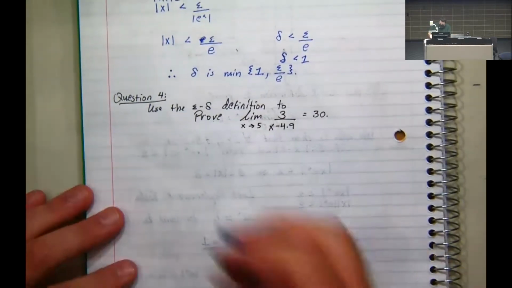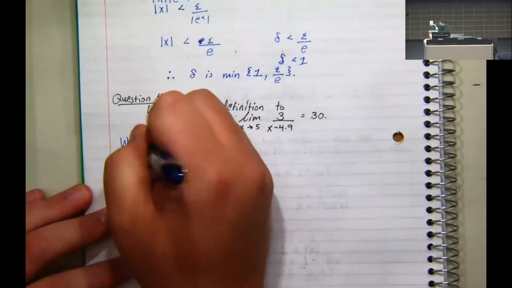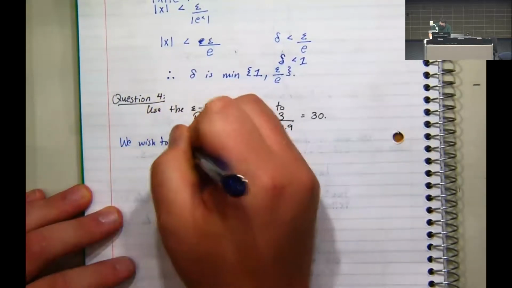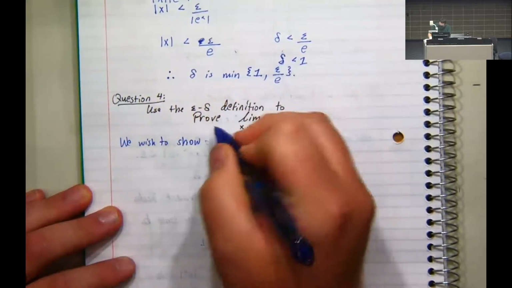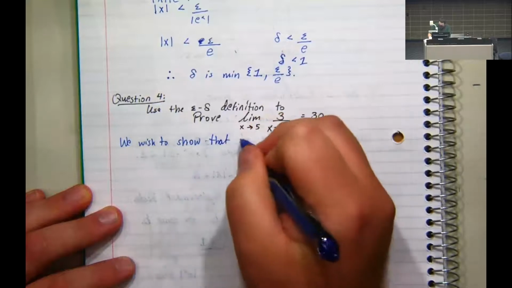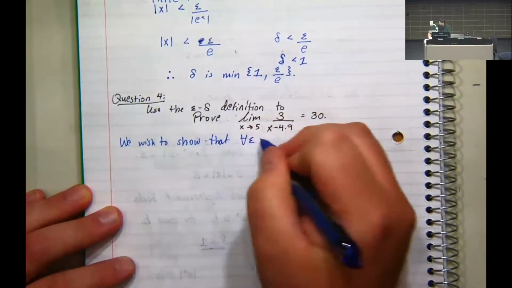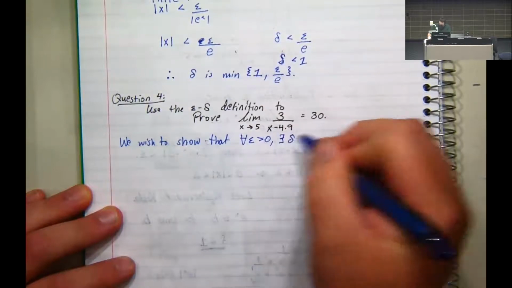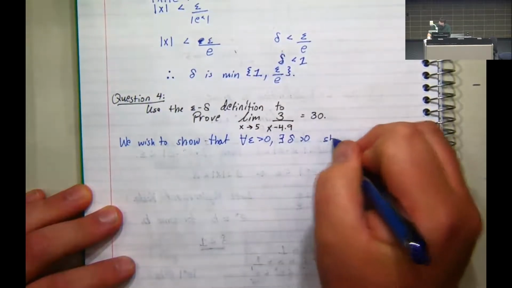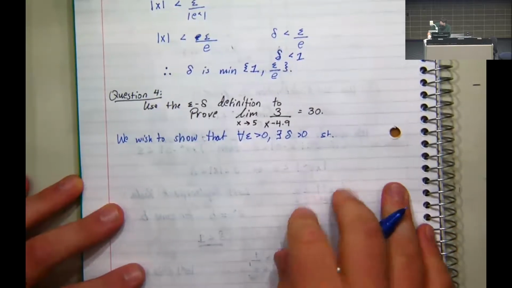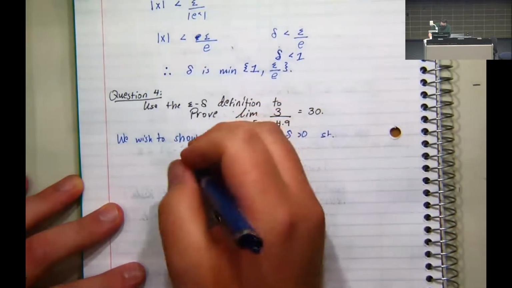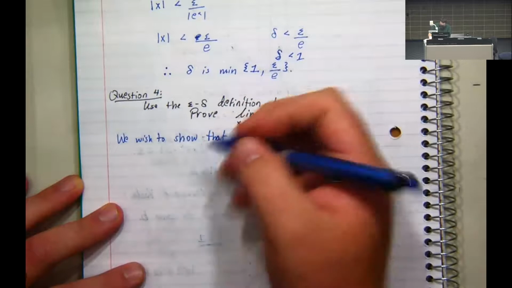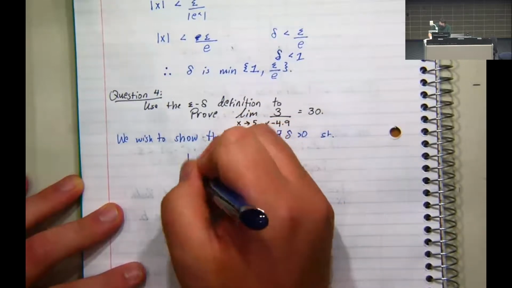Okay, we wish to show that for all epsilon greater than 0, there exists a delta greater than 0 such that, and then we once again, I'll just jump right to the way he does it in class.